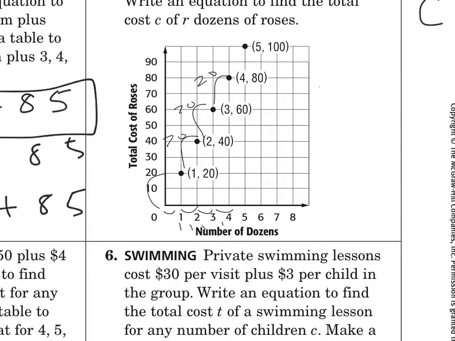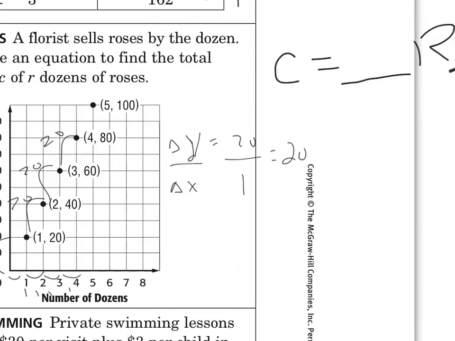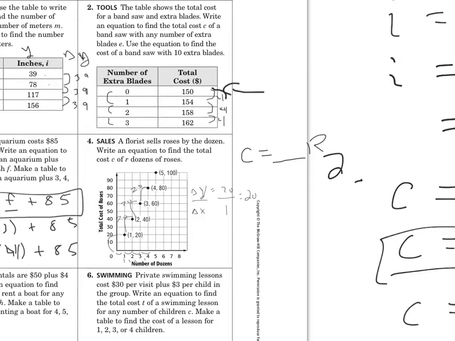So that means that our change in y is 20, our change in x is 1, so our slope is 20. And the slope is the number that we want to write into the equation. So our equation becomes C equals 20R.